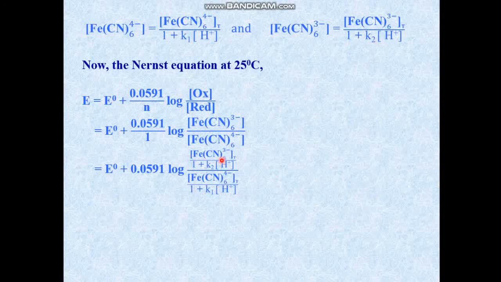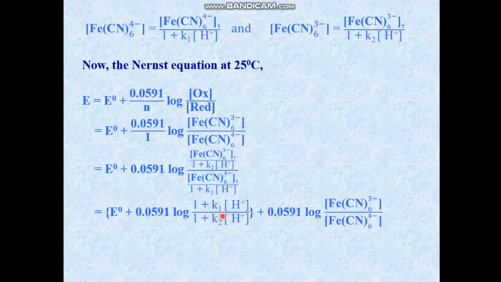Now we have to rearrange this equation or separate these K1 K2 values in another term. Thus you get, look, the K1 K2 parts have been separated and the original concentrations of the Fe(CN)6 3- and Fe(CN)6 4- have been placed here. So this is the part which is getting added to the theoretical E0 value.